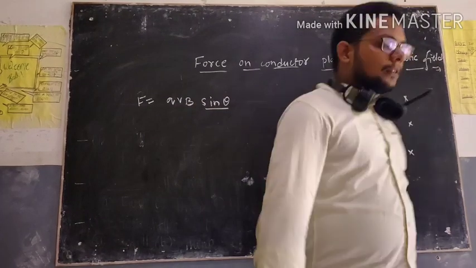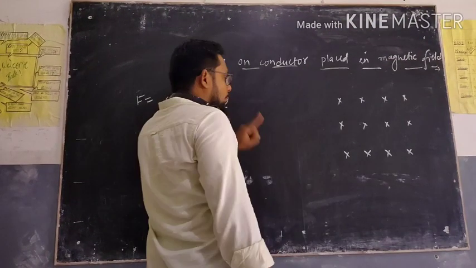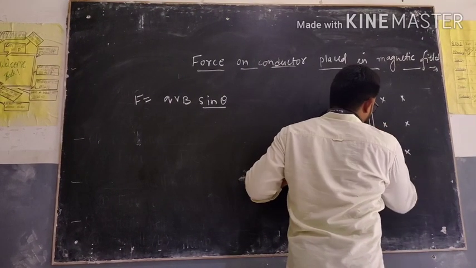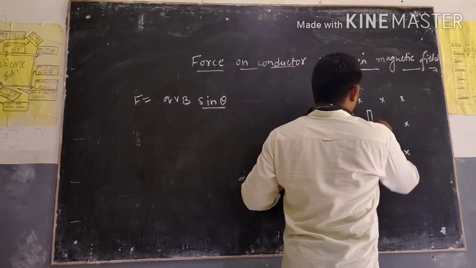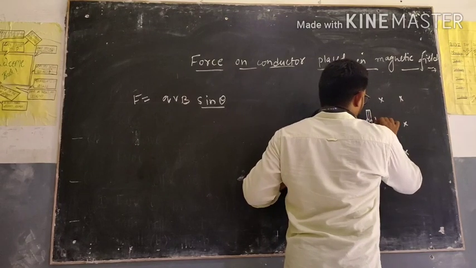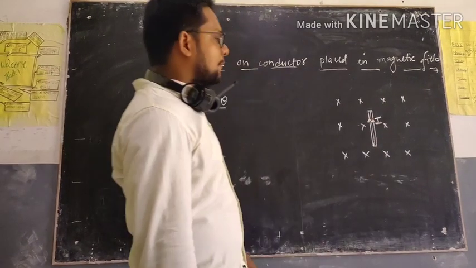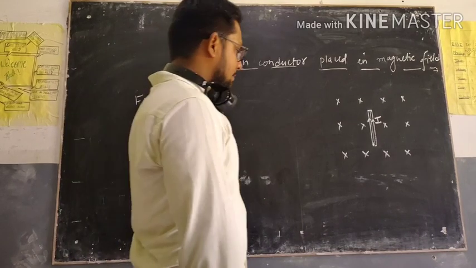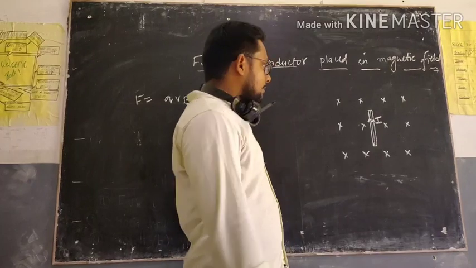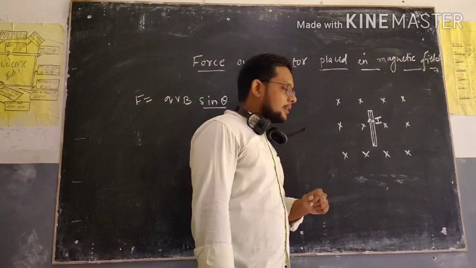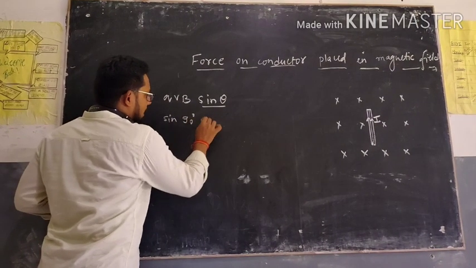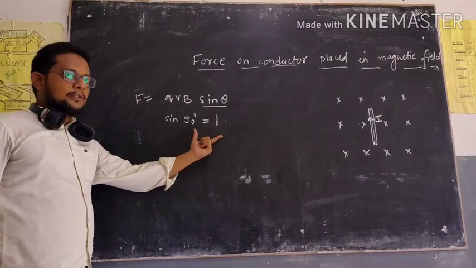For conductor, we have to find out the force. So suppose a conductor is placed in the magnetic field carrying current I. My dear students, current and a magnetic field both are perpendicular to each other, so we can write sin theta is equal to sin 90, and that is equal to 1.